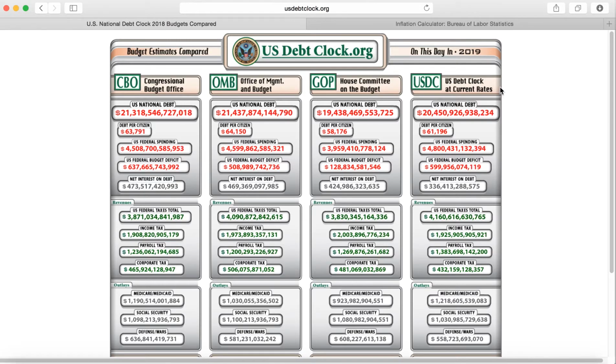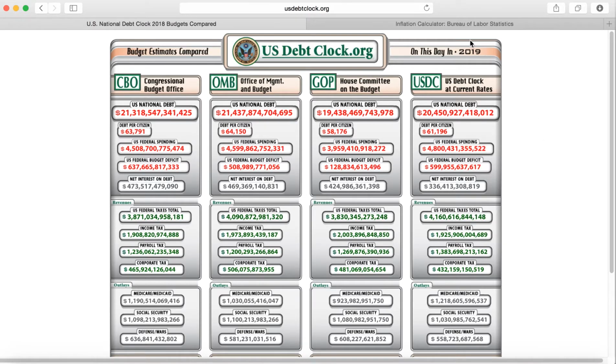If we just keep trucking along exactly where we are, they project that our national debt will be $20 trillion, where the House Committee projects that it'll be only 19.4, and both the Congressional Budget Office and the Office of Management and Budget think that it'll be over 21 trillion.